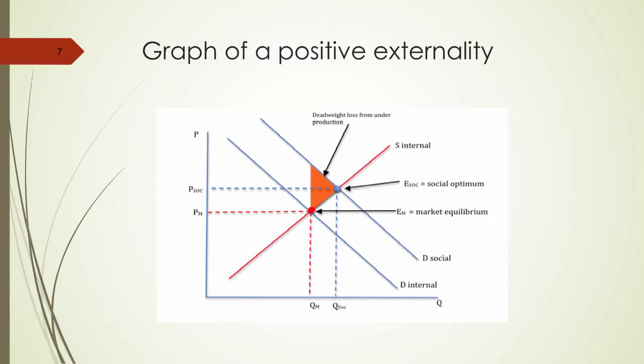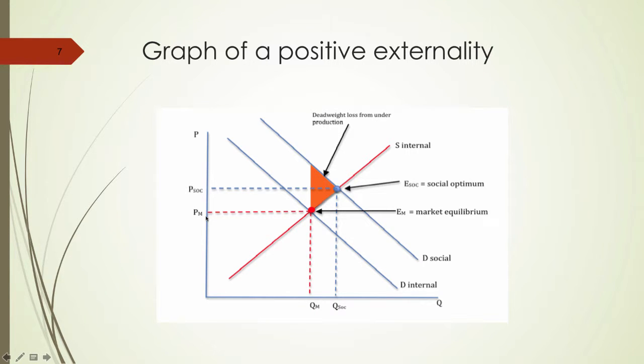And so what we see in the case of vaccinations is something that might appear in this graph. Here we have the internal benefits, essentially the demand on the internal side, and the demand that society actually has. If we look just at the internal demand and see where that line crosses the supply curve, we would end up with QM and PM over here.